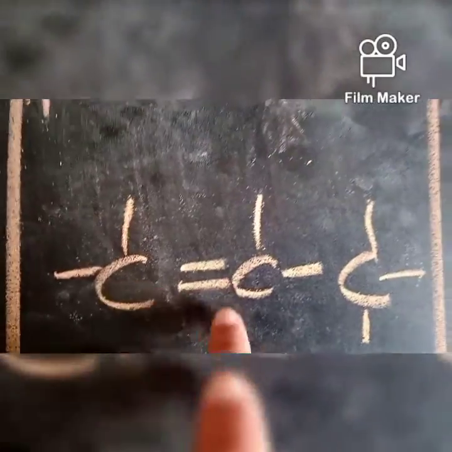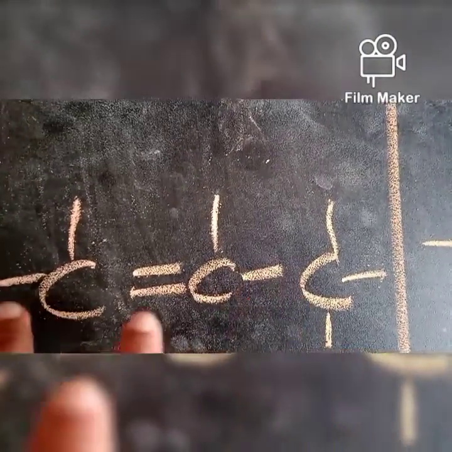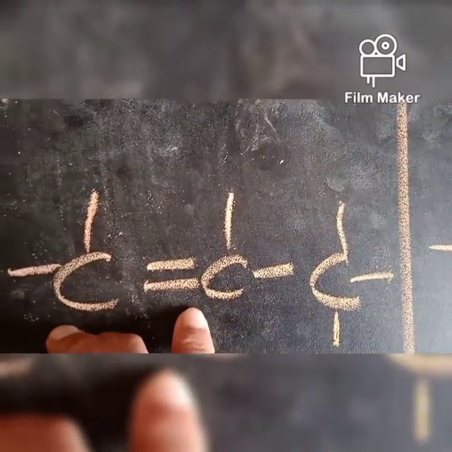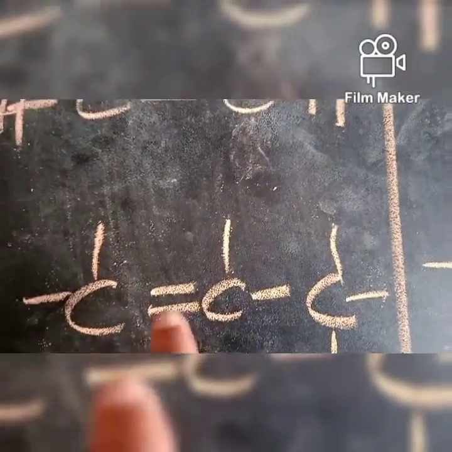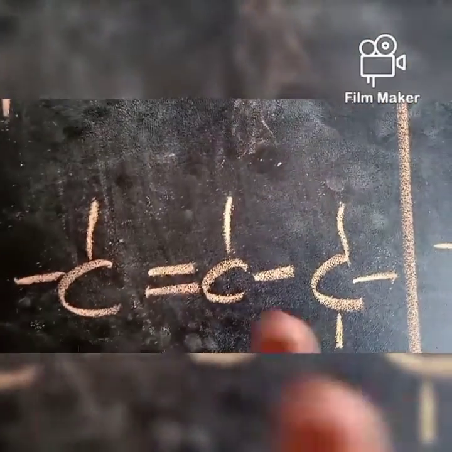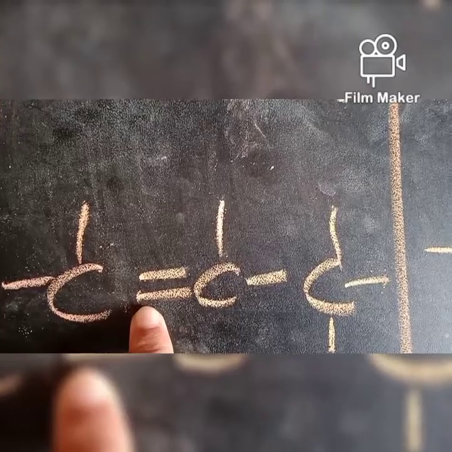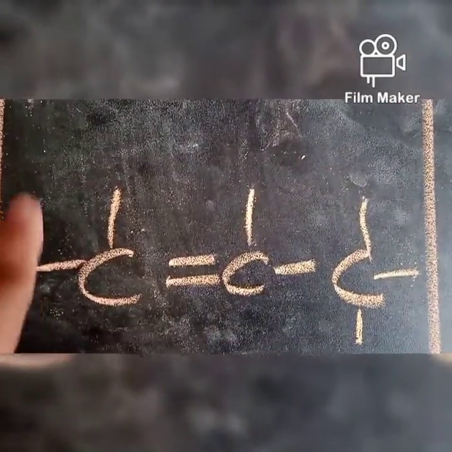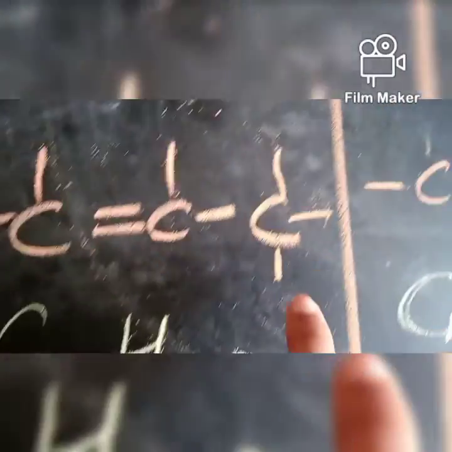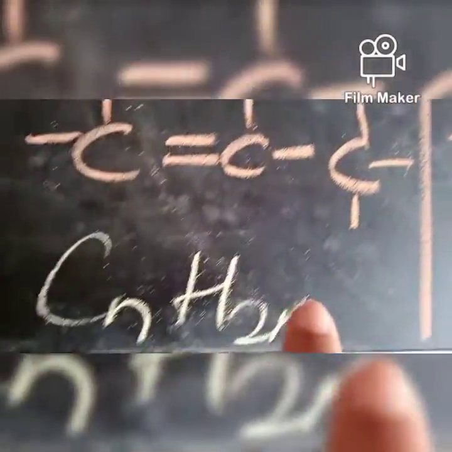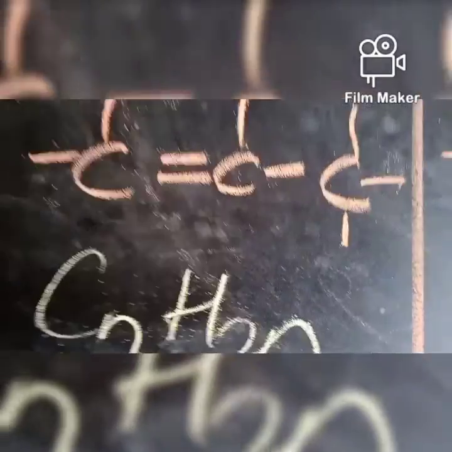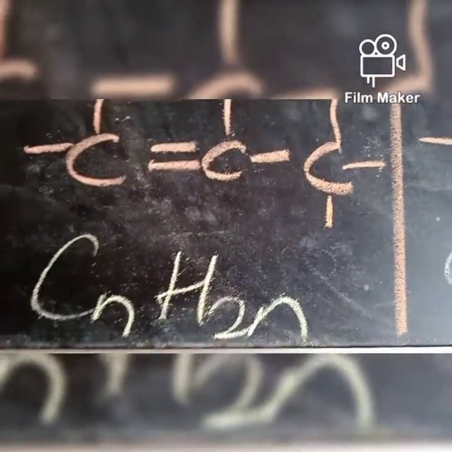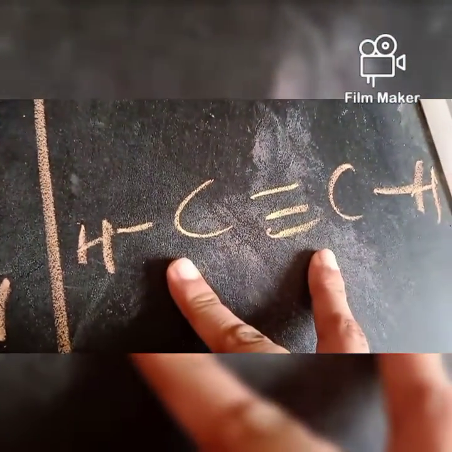With three carbons, 1, 2, 3, the double bond is formed only between any two of the carbons, not between all. Okay, so with double bond, we have 1, 2, 3, 4, 5, 6 hydrogens. That means the general formula for alkenes will be CnH2n. Now alkynes. Coming to alkynes, which are having triple bond between two C's.